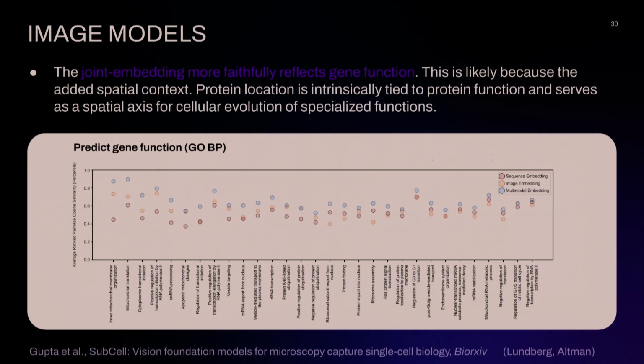And we can show that the joint embedding more faithfully reflects gene function. So this is, again, likely because we're joining information about sequence, the central dogma evolutionary pillar that I talked about in the beginning, and spatial location, that self-organization evolutionary pillar. And when we join those two embeddings, we get better performance in understanding biological functions. And this might sound very basic, but this is the first time this has ever been demonstrated.